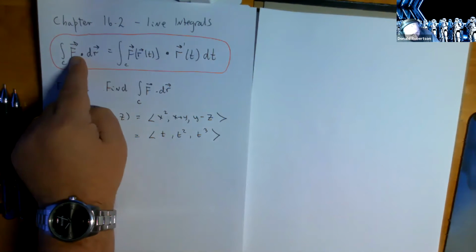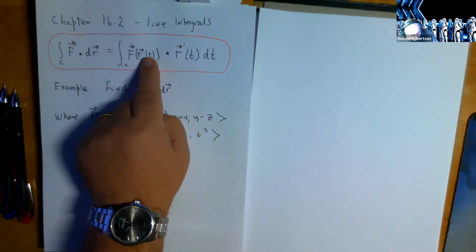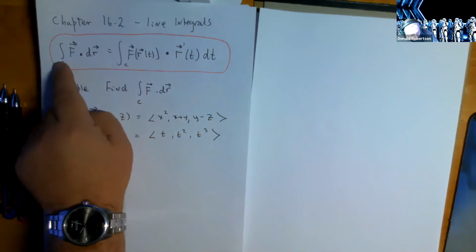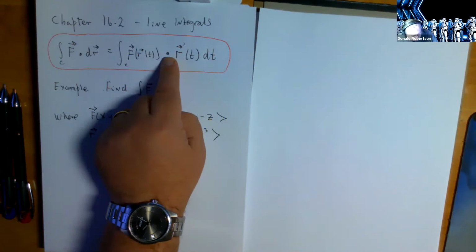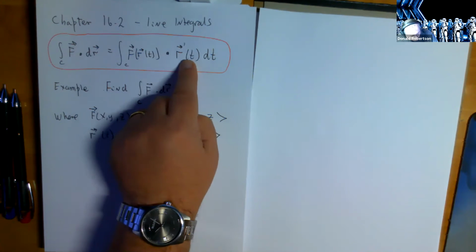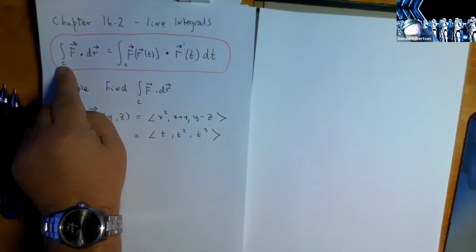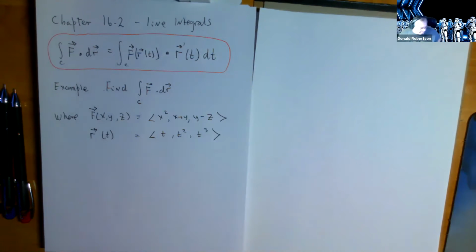You take the function f and you replace everybody by t using the parametric equation of the curve C. You then do a dot product with the derivative of the curve C in its parametric form dt.